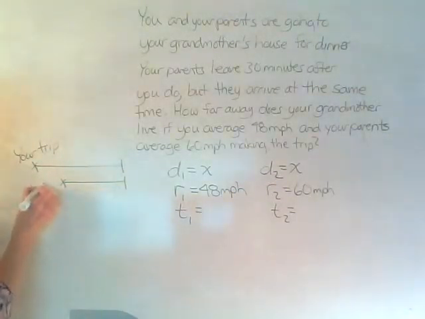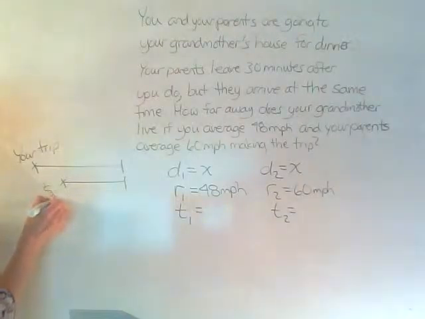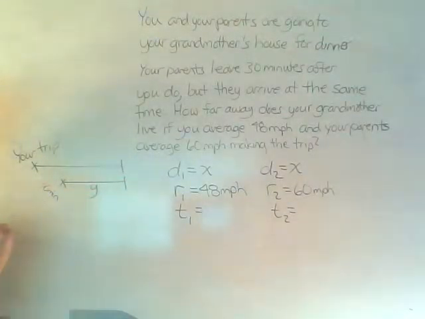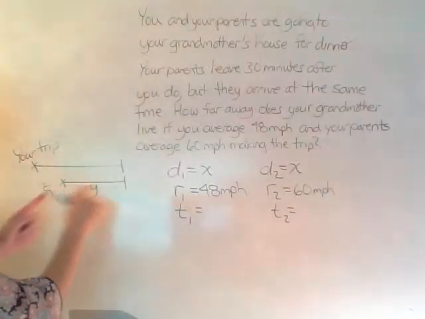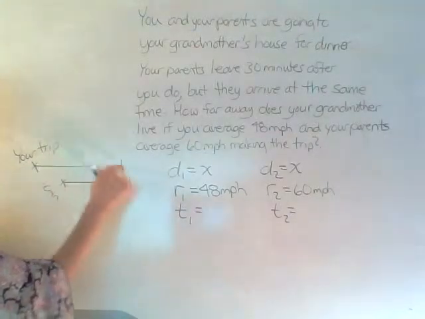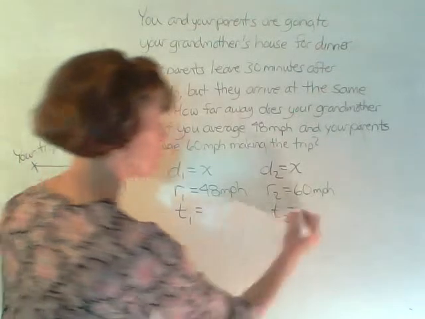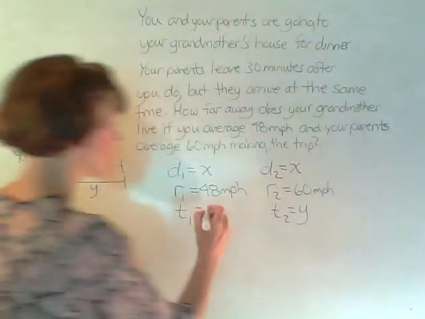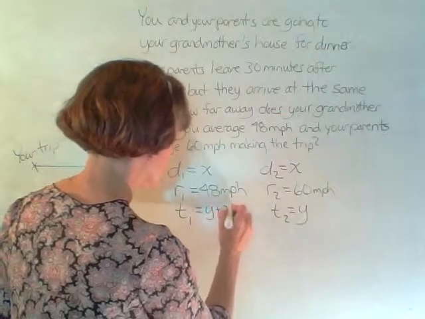In fact, your parents leave 30 minutes later. So if we let y be the time that it takes your parents to drive to the grandmother's house, then y plus this 30 minutes is going to be your time. So y is the parents' time, and y plus 30 minutes is your time.